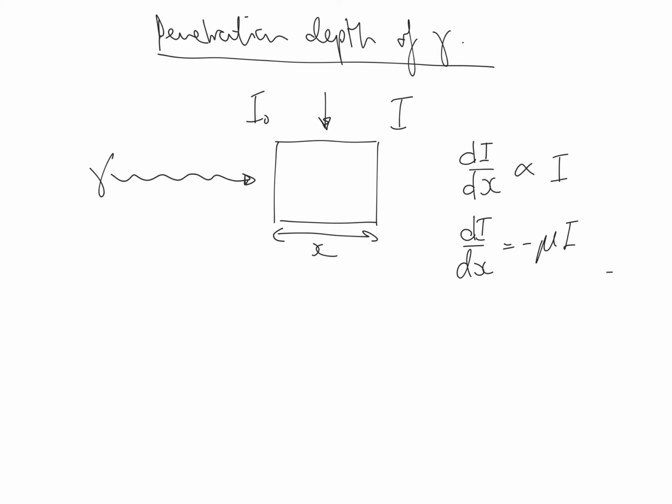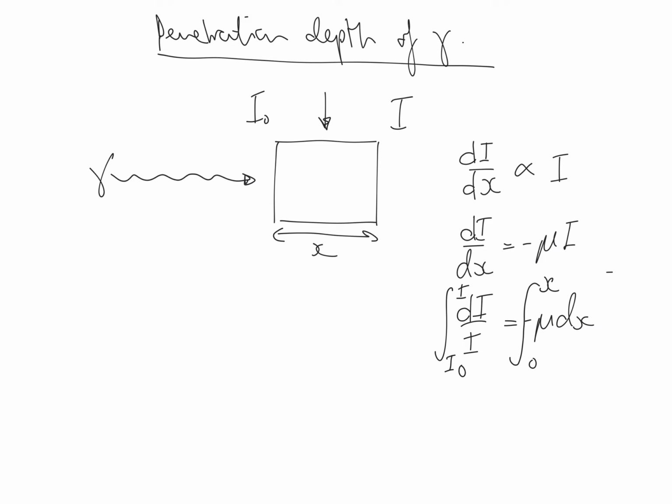And you're probably aware that this looks very much like the exponential decay with the count rate, or even capacitor decay. So we'll just do exactly what we did with those. We rearrange it, dI over I is minus mu dx, and then I'll integrate that between 0 to x, how much material it's gone through, and integrate this between an initial intensity and a final intensity.